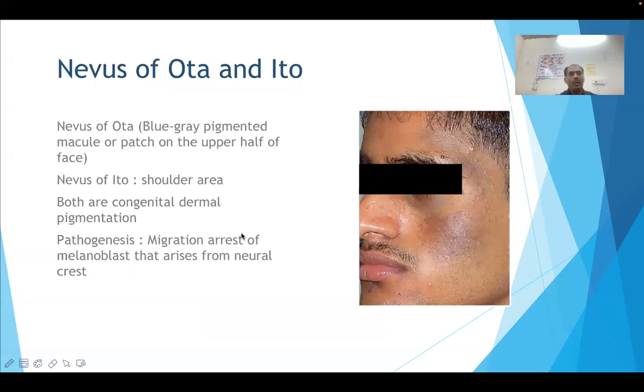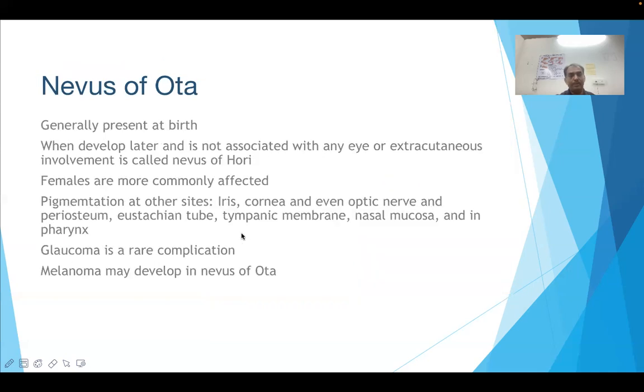Nevus of Ota is a blue-gray pigmented macule on the upper half of the face, and nevus of Ito is present over the shoulder area. Both are congenital dermal pigmentations, and again, the main reason is the migration and arrest of melanoblasts, which arise from the neural crest.